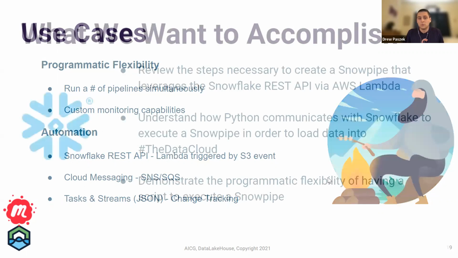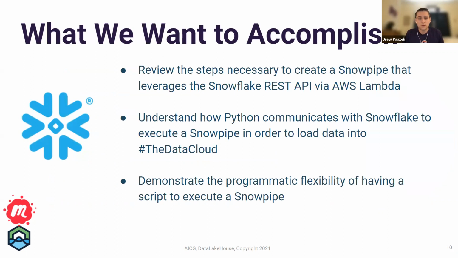So what we're going to do is walk through, and I'm going to take control of the screen here in a second, the process of setting up a Snowpipe inside of AWS, using that Snowflake REST API, and showing how a data file can move from a staging location into a target Snowflake destination, into your data warehouse.